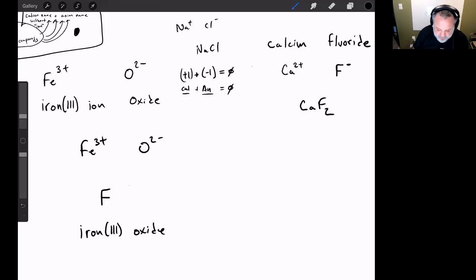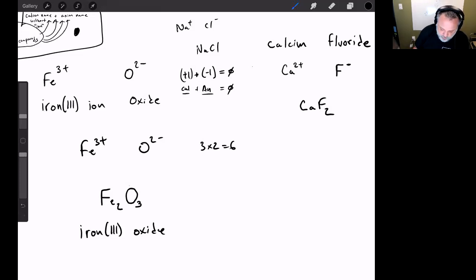If you think about it, the least common multiple of 3 and 2 is 6. And so how do we get to 6? 3 times 2 equals 6. How many Fe's would I need in order to multiply times 3 to get to 6? I need 2 of them. How many oxides would I need to multiply to get 6? I'd need 3.